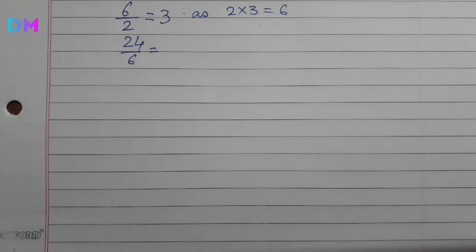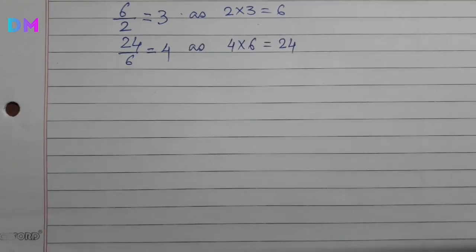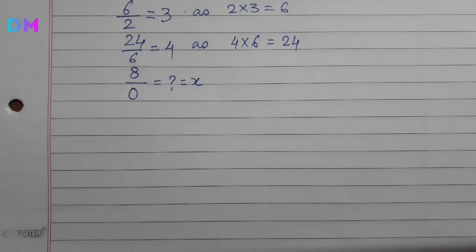Similarly, what is the value of 24 by 6? The answer is 4, because we know 4 into 6 equals to 24. Now the question is, what is the value of 8 by 0? Let us suppose that the value of 8 by 0 be x.